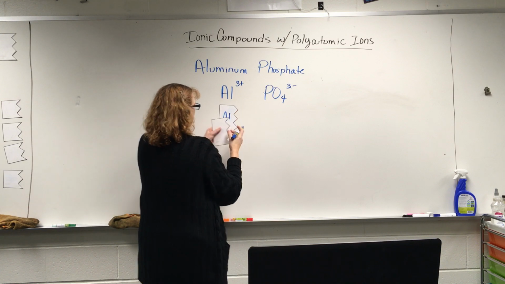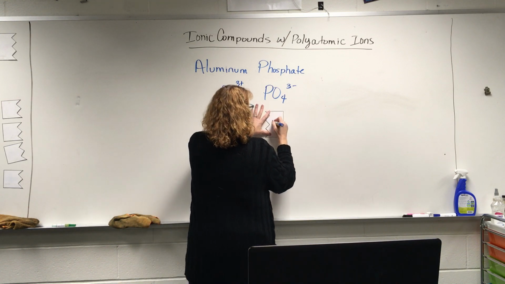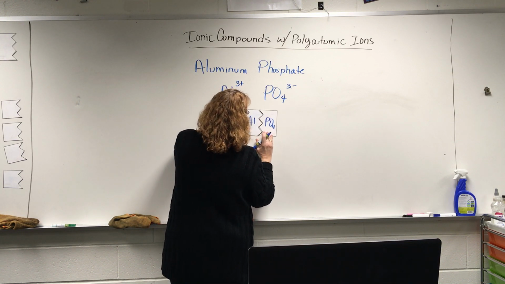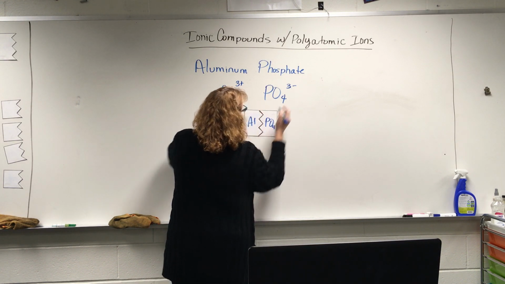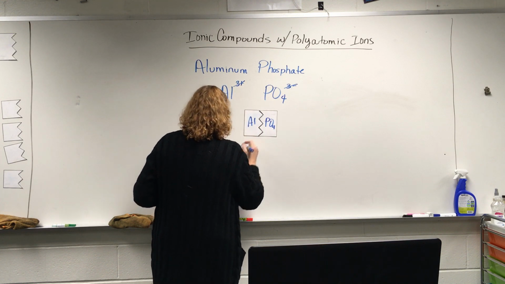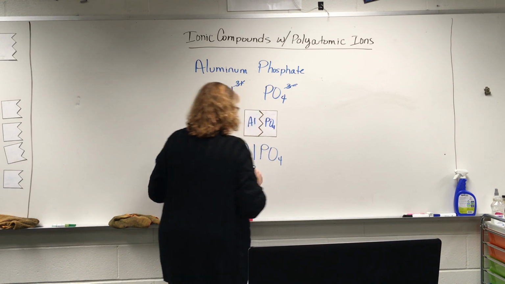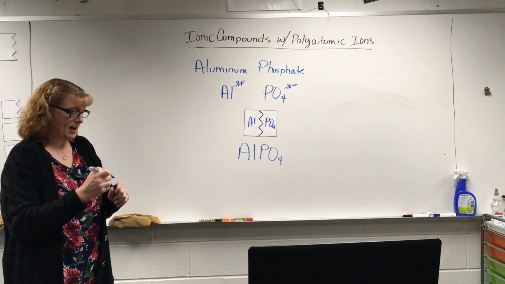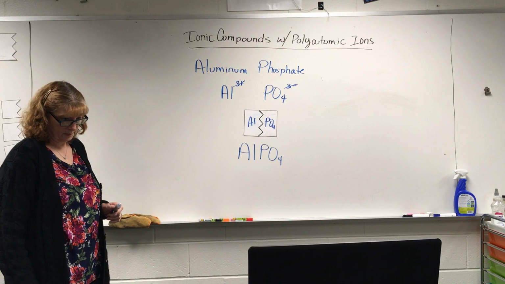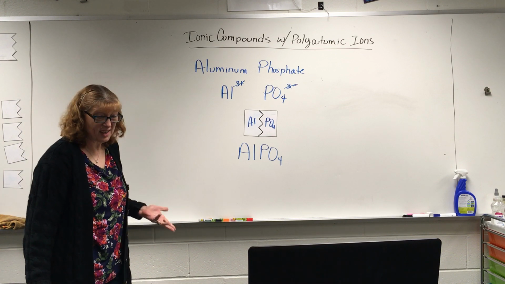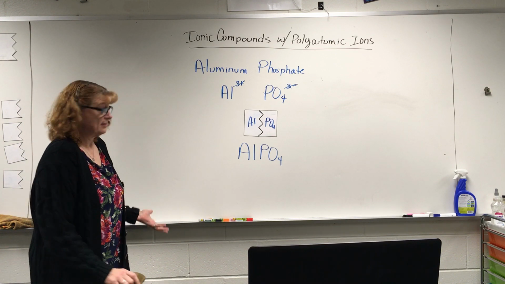So this is aluminum, and this is PO4. Because they have the same exact charge, they cancel out. So AlPO4 is the formula for aluminum phosphate. Okay? Pretty easy so far, right? Nothing difficult?